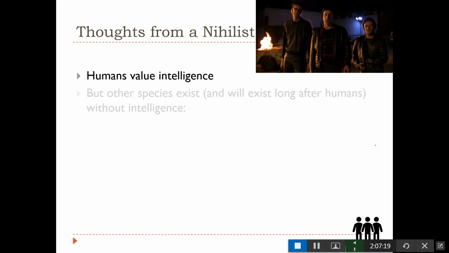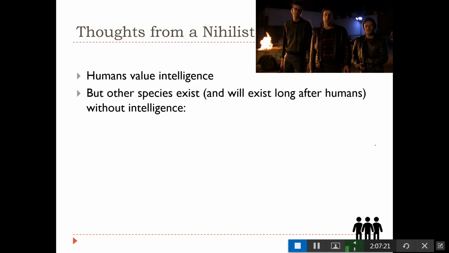So humans value intelligence. But there are so many other species on this planet that continue to exist without what we call intelligence, right? We have frontal lobes and we can reason and problem solve and all this fun stuff. But other species exist, and they're going to long exist without us. You know, when we eventually screw this world over and are gone, without intelligence, right?